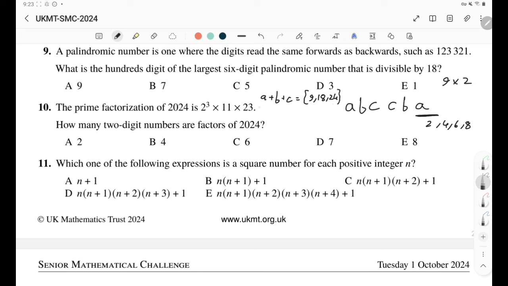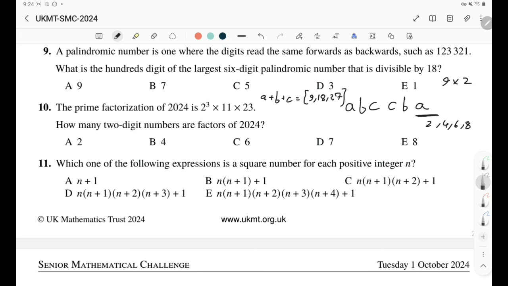It cannot be anything above that, because the maximum is 9 plus 9 plus 9, which is just 27. So we cannot get the next multiple. So these are the only possibilities.